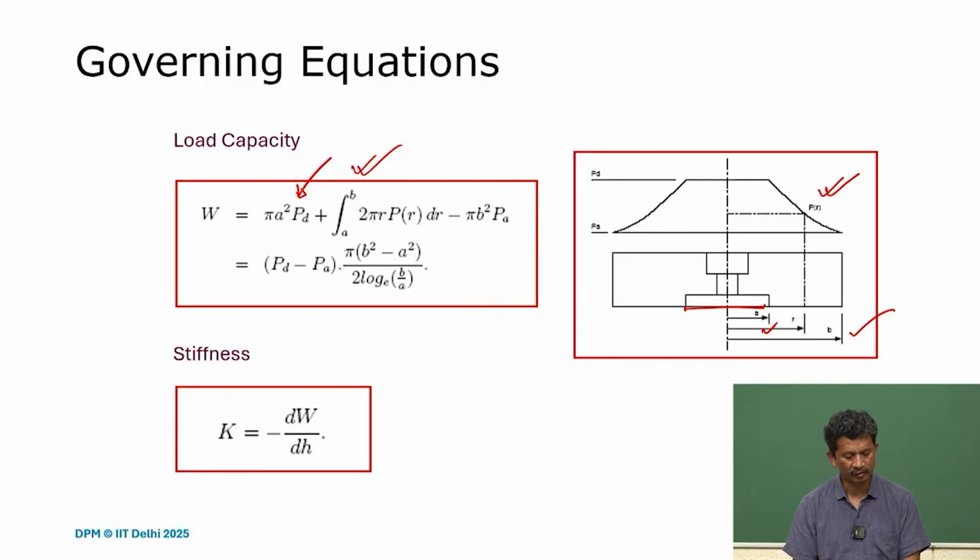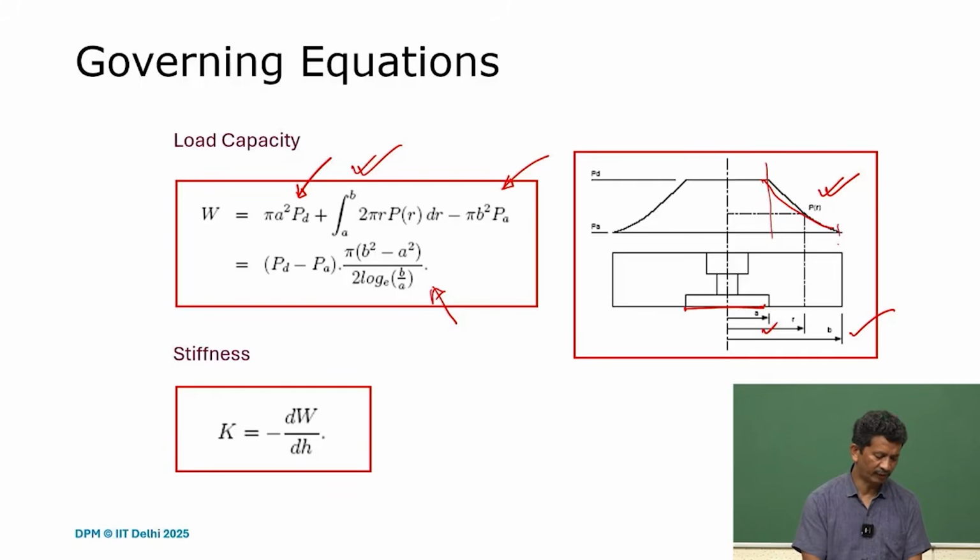So that's why it's PD times area, and then for the annular part we integrate. If this is the pressure distribution, then we integrate from A to B, and we can find the overall load capacity, which is given in terms of PD and PA, and B and A, the geometric parameters of the bearing.